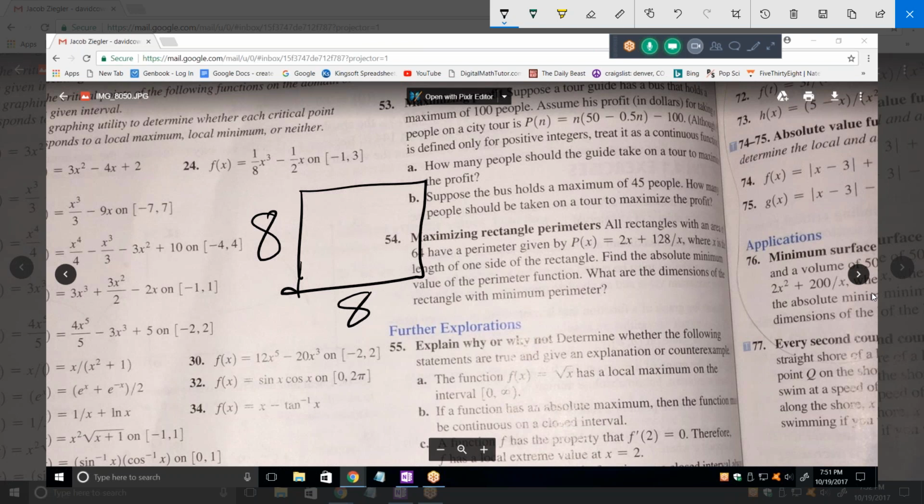In other words, maximum areas are objects that are like regular polygons. They're either squares, pentagons, hexagons, circles. They're all the same width as length. That maximizes the area given a certain perimeter.